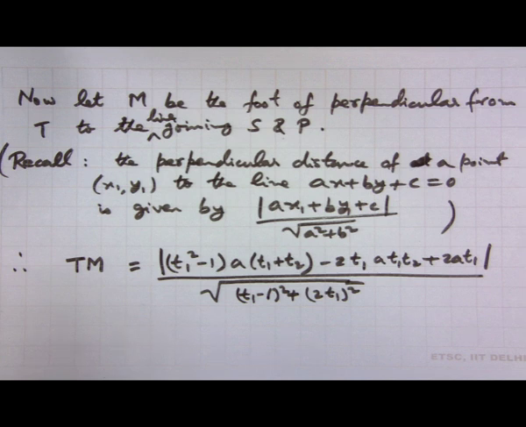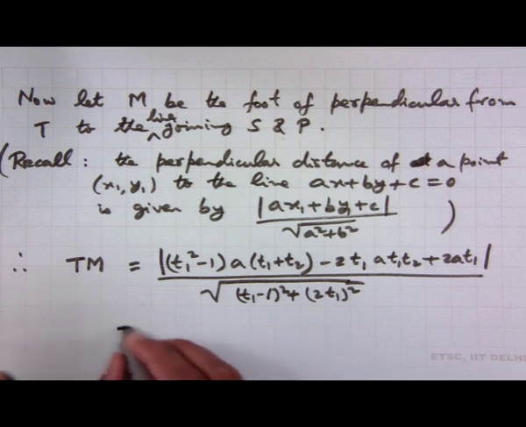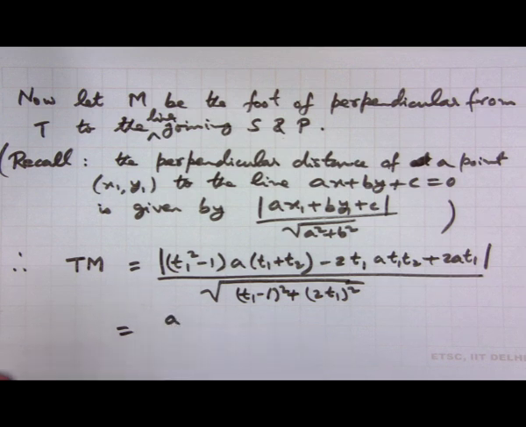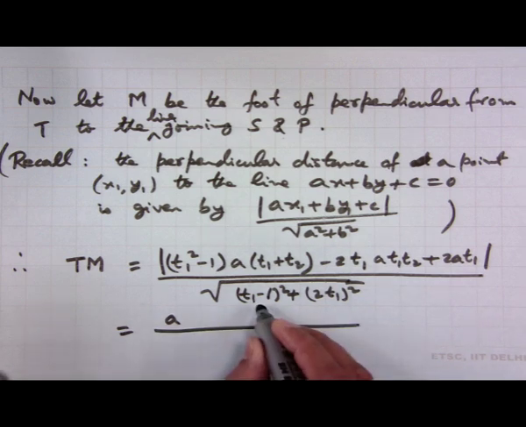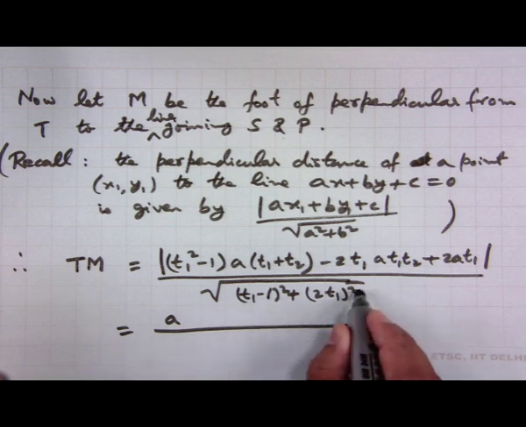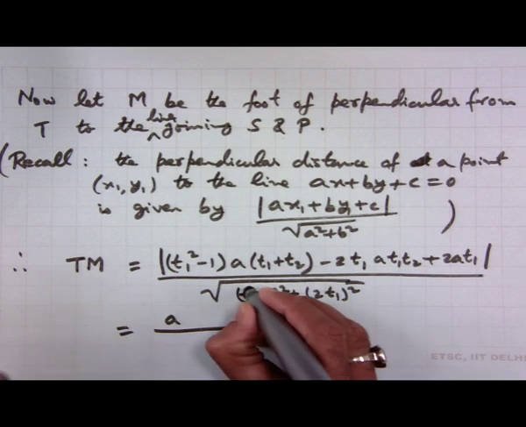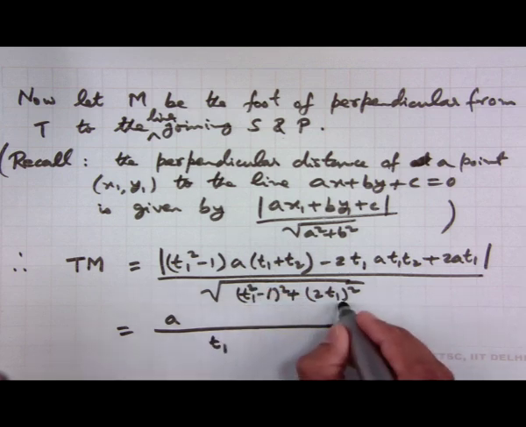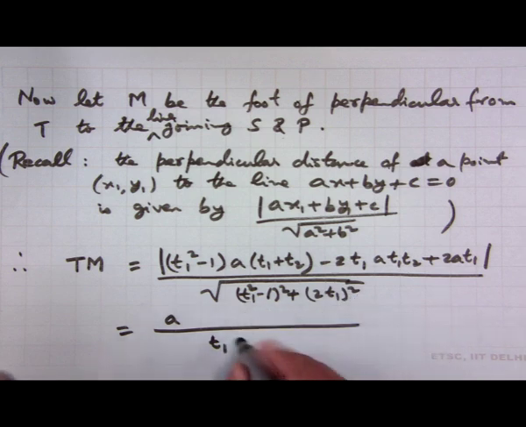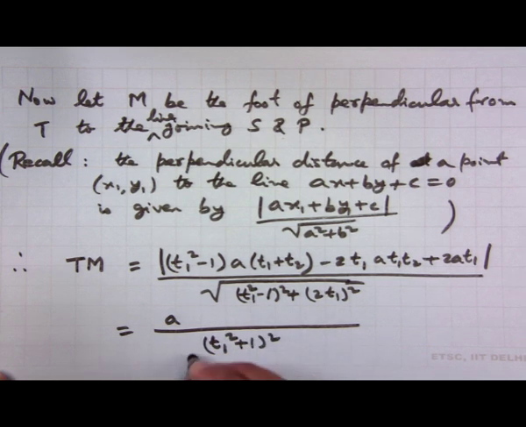So, if you simplify this, this is equal to a times, we can take a common from all this. The denominator, if you see, is (t1 square minus 1) square plus (2 t1) square, which is (t1 square plus 1) whole square under square root.